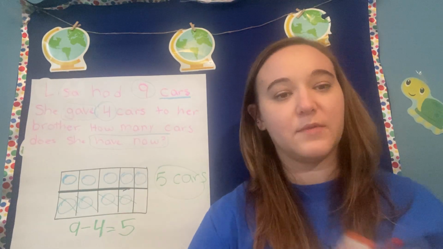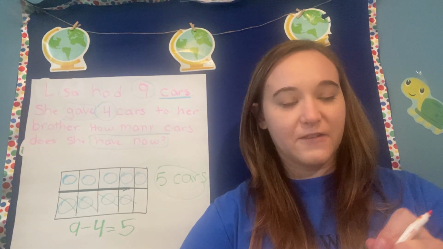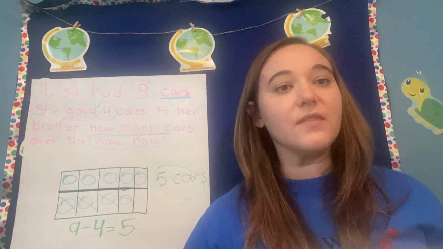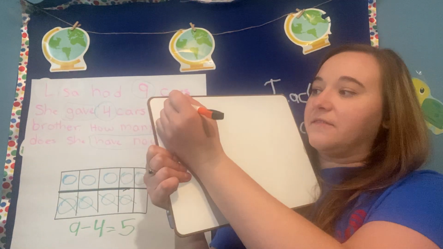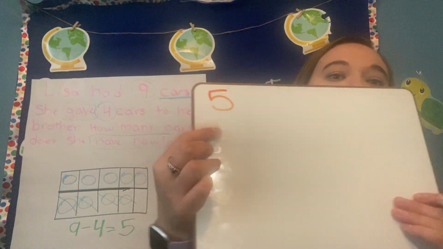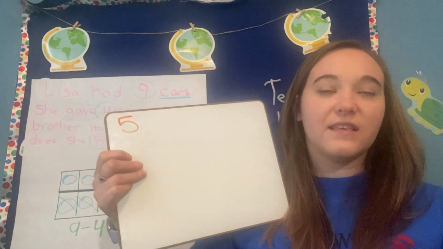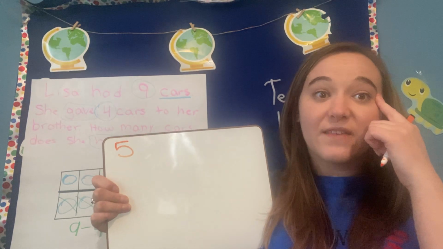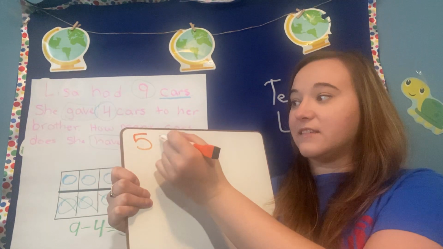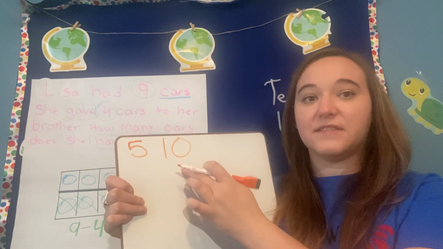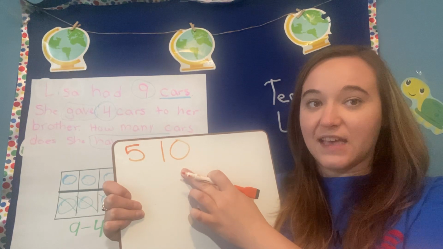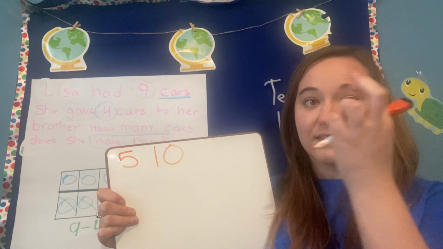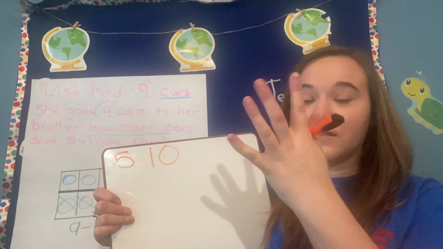Super tricky, but when you count by 5s, it's every 5. So we're starting at 5. Then we need to think, what's 5 more than 5? 10. What's 5 more than 10? 15.